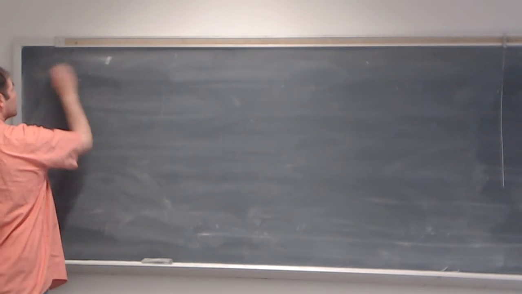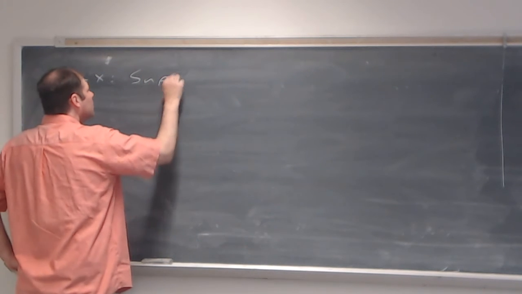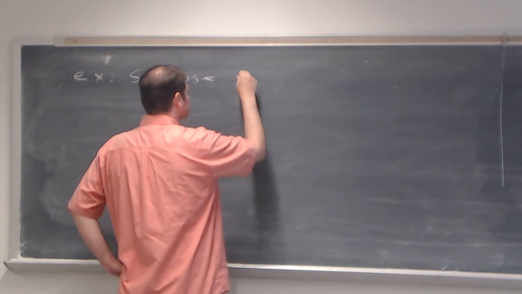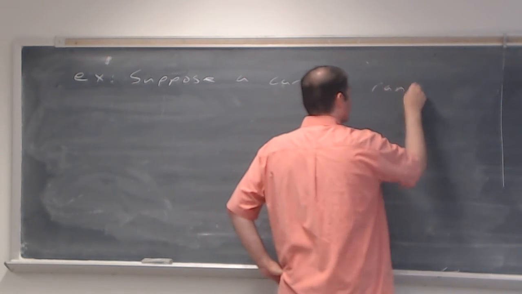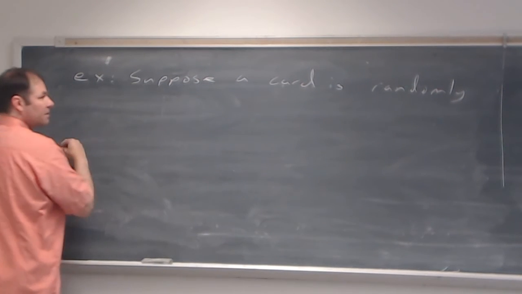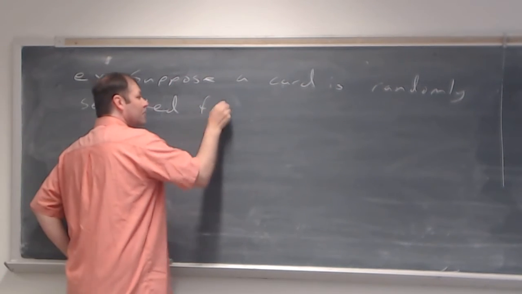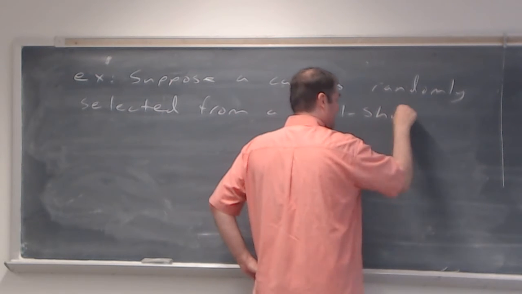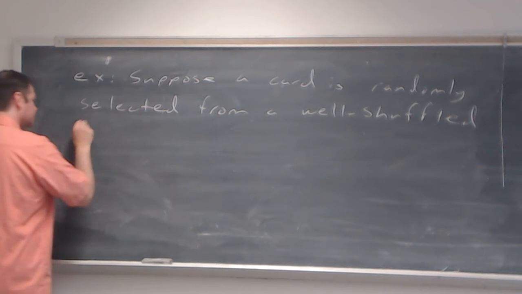So suppose a card is randomly selected. That means everything's equally likely, almost. Randomly selected from a well-shuffled, now everything's equally likely, standard deck of cards.